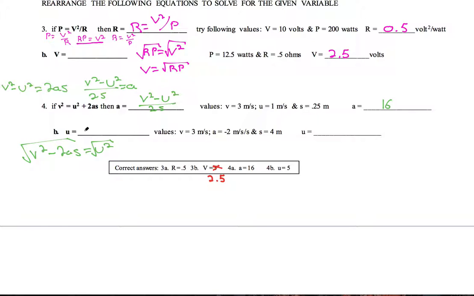So U is going to equal the square root of V squared minus 2AS. Close my square root. If I plug in all these things for V over here, and A over here, and S over here, I end up with U equal to 5. All right, and we are done with all 3 sheets of Math Review 1.